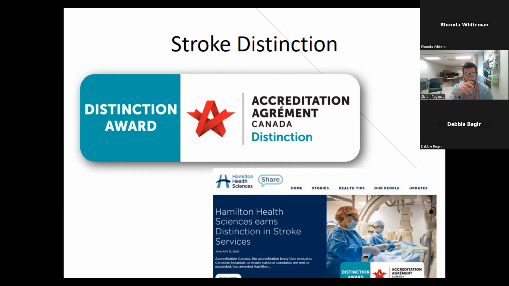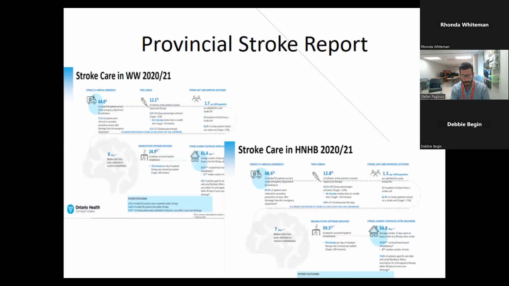The example discussed here is really focused on the Hamilton General Hospital, but potentially in the future, more sites within our region will go through stroke distinction, and excellent quality data is essential in us understanding the current state, quality improvement strategies, and targets, and helps us sustain our improvements, which lead to better outcomes for our patients.